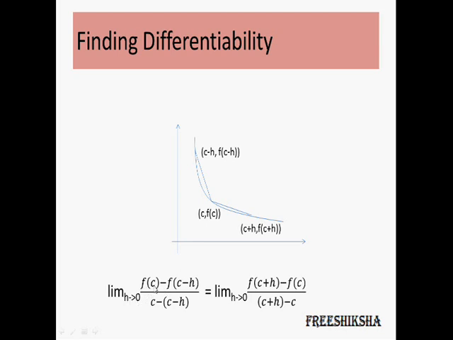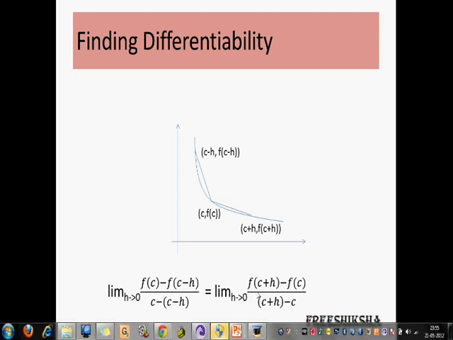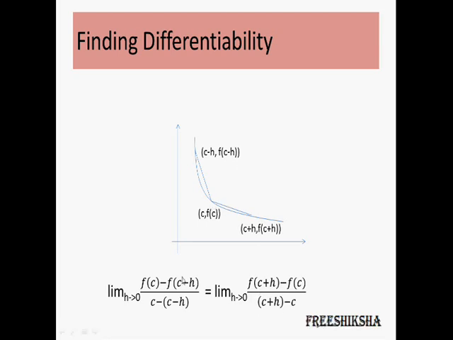And f of c minus h upon c minus h minus c should be equal to the right hand side, which is f of c plus h minus f of c by c plus h minus c. This is the slope of the left side and this is the slope of the right side, and these two will come equal to create a tangent here. So this is the condition for checking the differentiability.